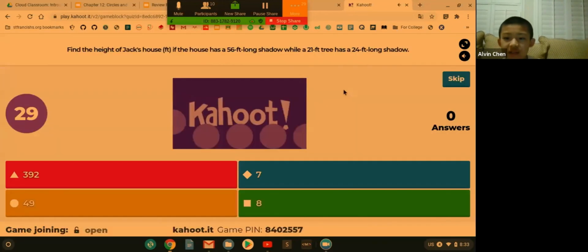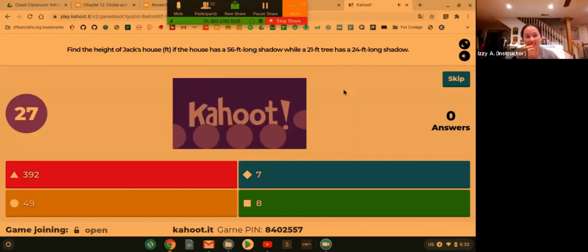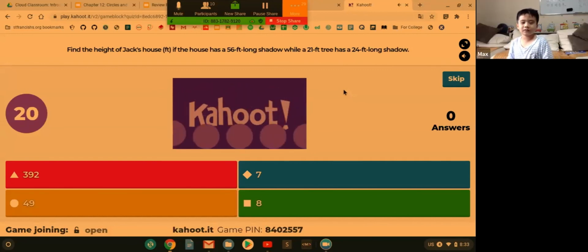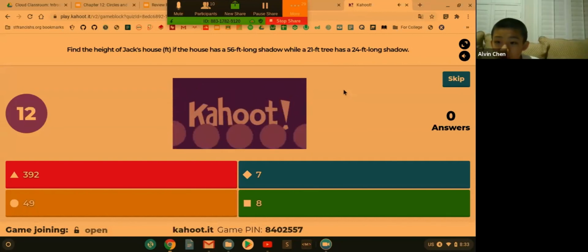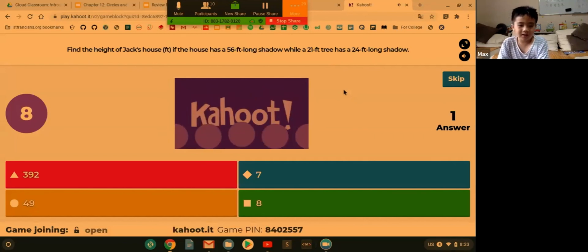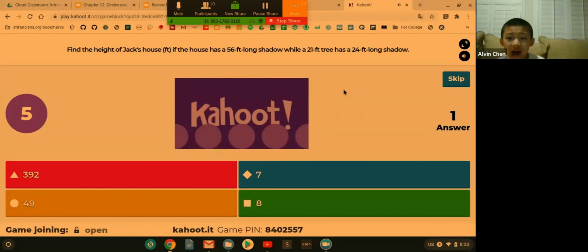What, shadows? Wait, no picture? Come on. Imagine in your brain. Oh, I get it. There might not be enough time. I don't know. Wait, I don't have enough time. Come on.